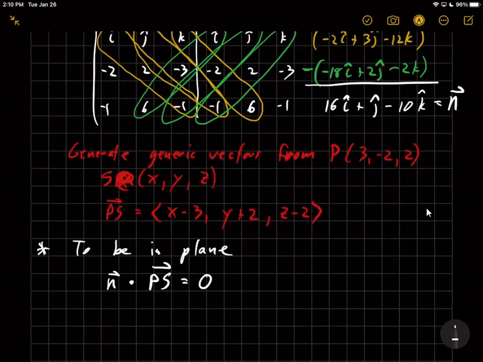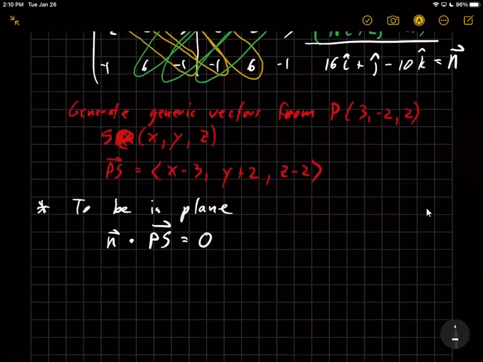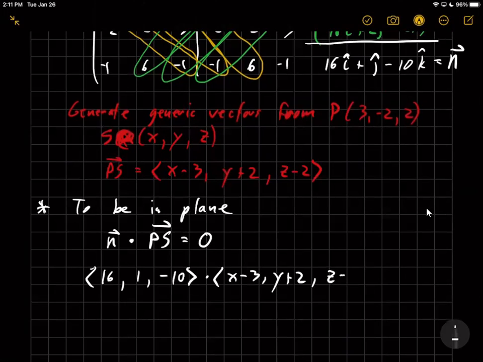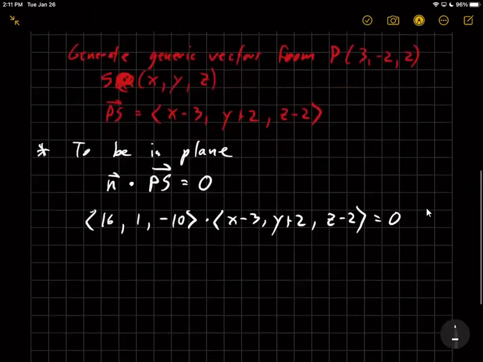Let's take N. Right now it's in unit vector notation, so I'm going to put it into component form: 16, 1, -10. When we dot that into x minus 3, y plus 2, z minus 2, that needs to give me 0.